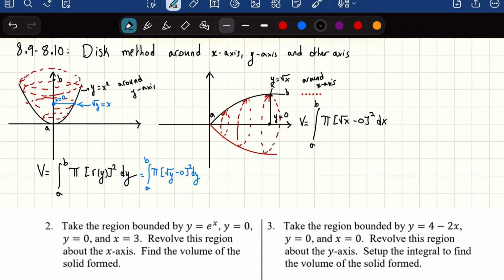So this is basically how to find the volume of such solids if they're rotating around the x-axis or the y-axis. Now we are going to solve two exercises, one for the x-axis and one for the y-axis, and then finally we're going to do one for the other axis.